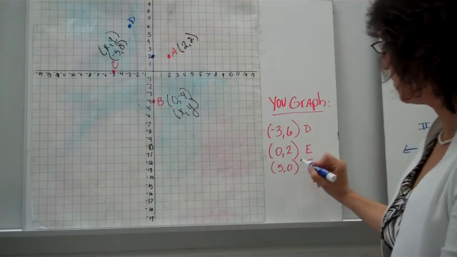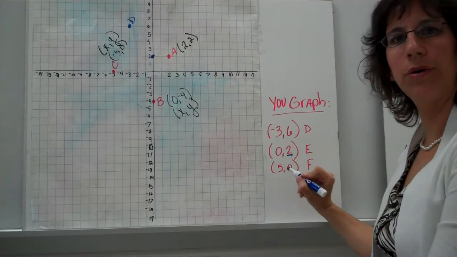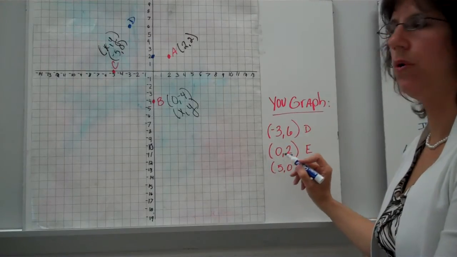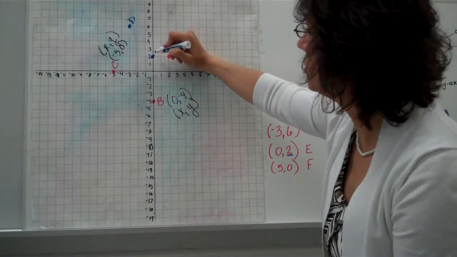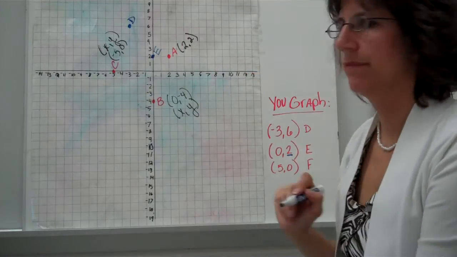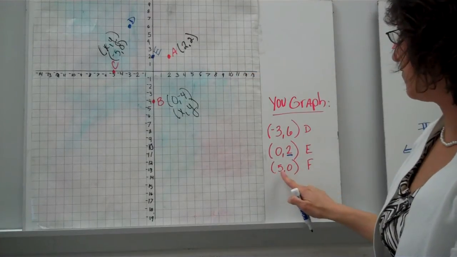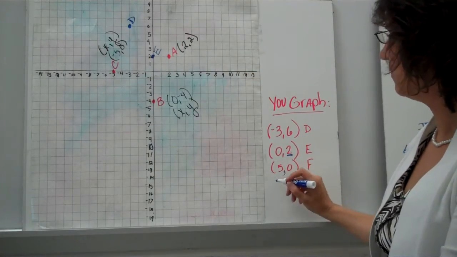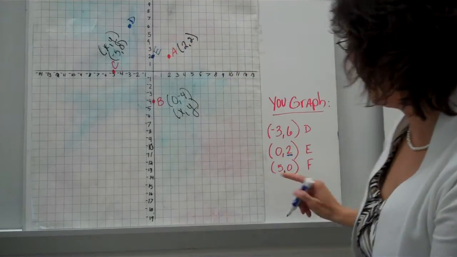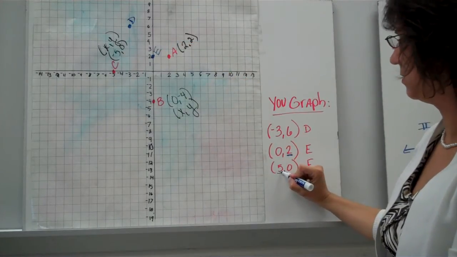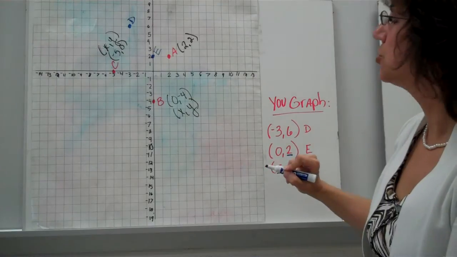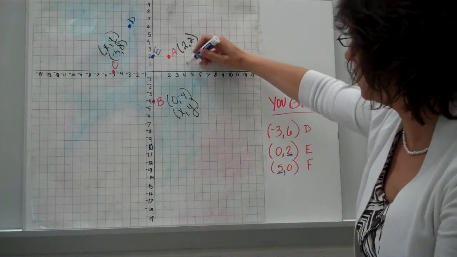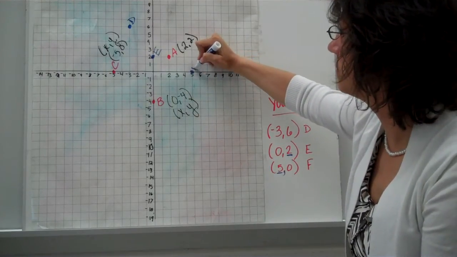Another way of looking at it, the 2 is in the Y location, so the point has to go on the Y line at the 2. And then F was at 5, 0. So the 5 is in the X spot, the X location. So I need to find 5 on my X line, and that's where I'm going to put my point.